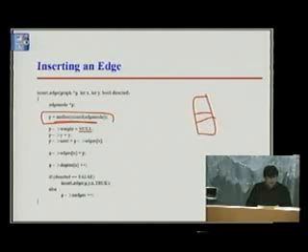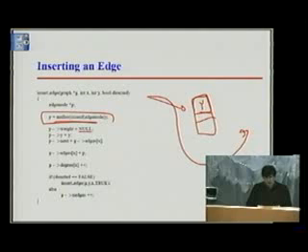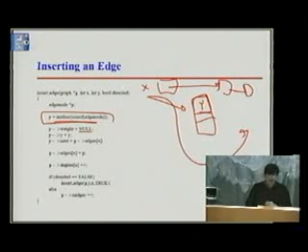This new edge, if I'm inserting edge xy, I set the second field to be y. That's what the destination edge is. I link this new node into the edges here at the front. Here I had before, this is the X list. It pointed to a linked list of things. What am I going to be doing?